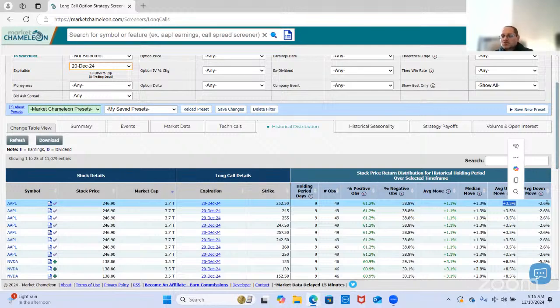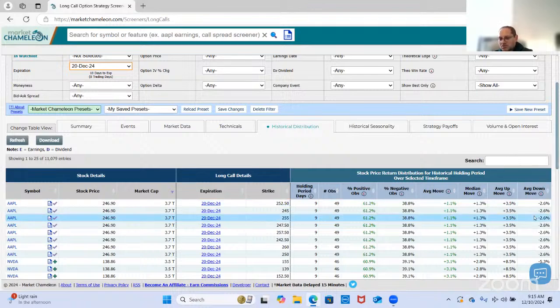And when the stock goes down, the average of all the moves is down 2.6%. So what if it does that 3.5%? If we're positive on this stock and we think it's going to perform, whatever on average it does when it goes up, 3.5%.